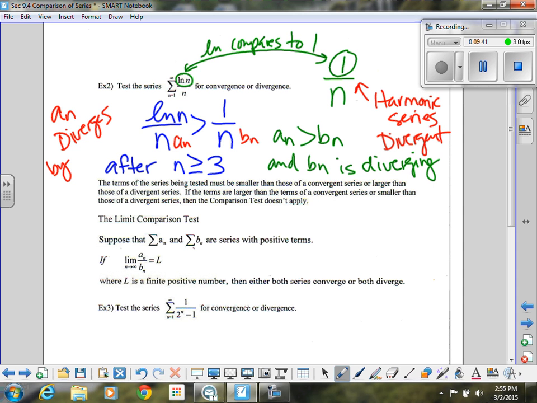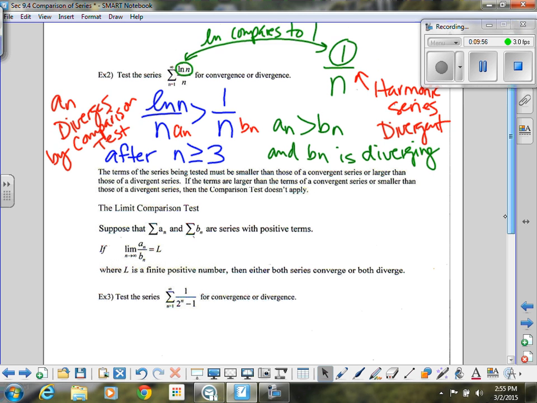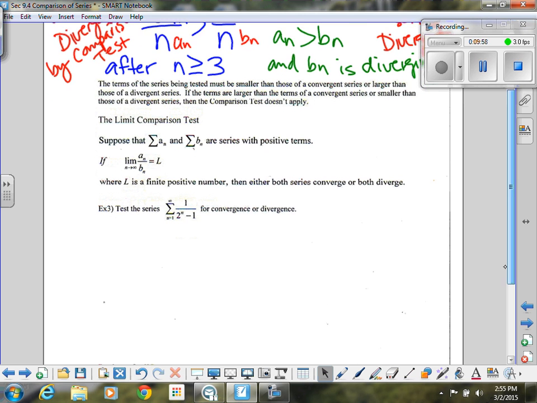And we would just say by comparison test. Okay, so that's the direct comparison test. We're directly comparing one series to another.